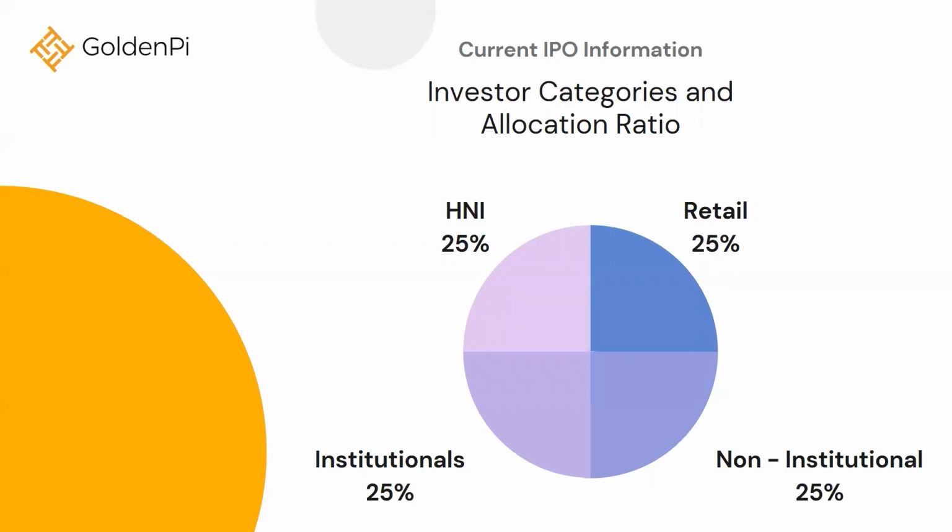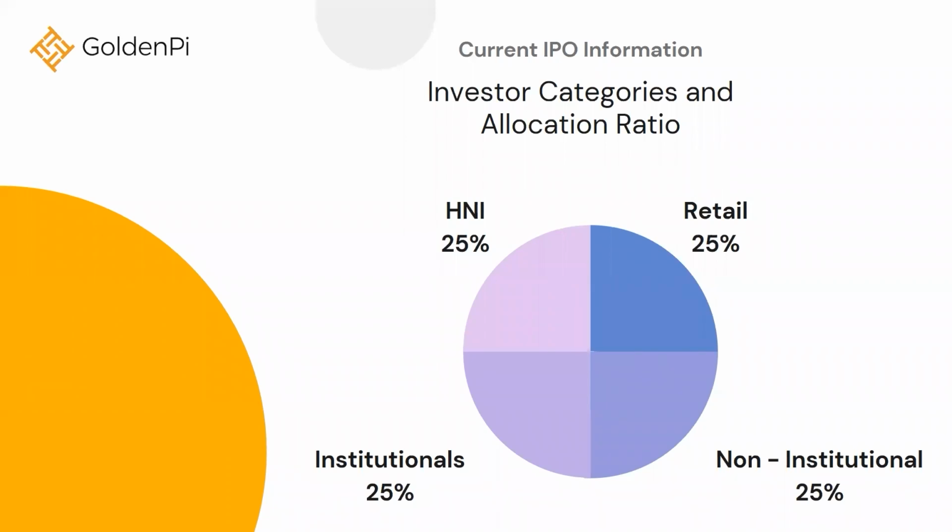Now let's try and understand who would fall into each of these investor categories, or how these investor categories are defined. Retail investors are individual investors who can invest as low as 10,000 and then in multiples of thousands thereafter up to a maximum amount of 10 lakh. Anybody who is investing beyond 10 lakh will be deemed as an HNI investor or a non-institutional investor or institutional investor.